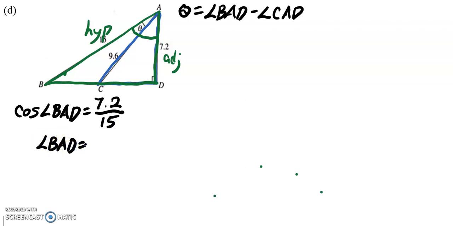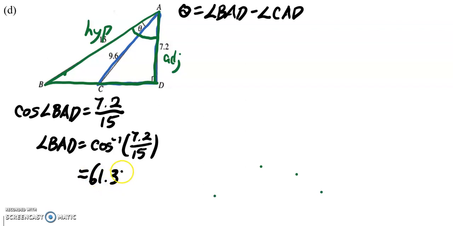So angle BAD is equivalent to arc cosine 7.2 divided by 15. So what we have is 61.314 degrees when I truncate to 5 SF.